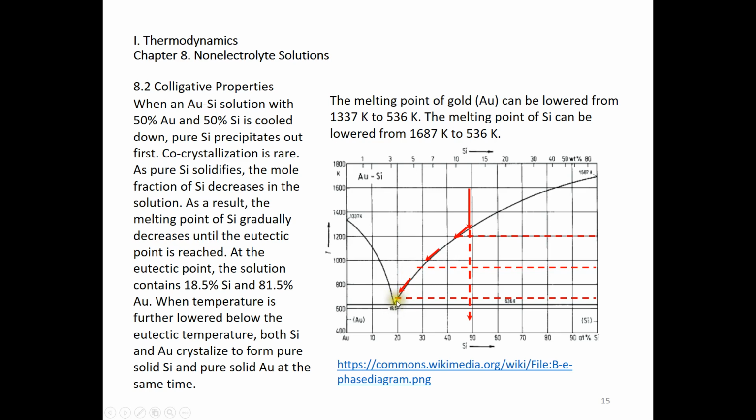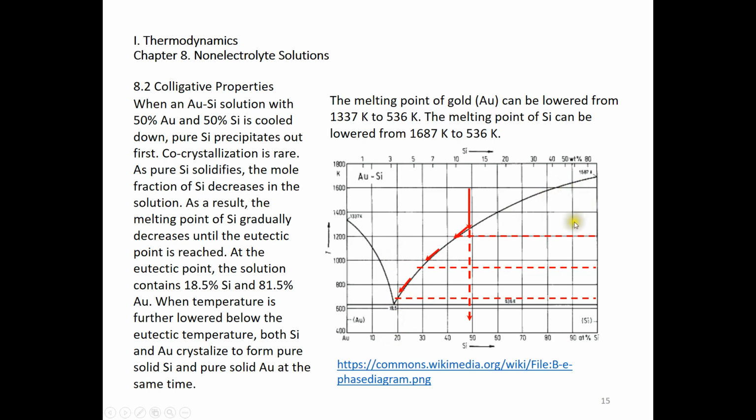At this point, you have 18.6% silicon, and you have 81.4% gold in mole fractions. At this point, both silicon and gold have the same melting point, 536 Kelvin, and then both should solidify at this temperature.